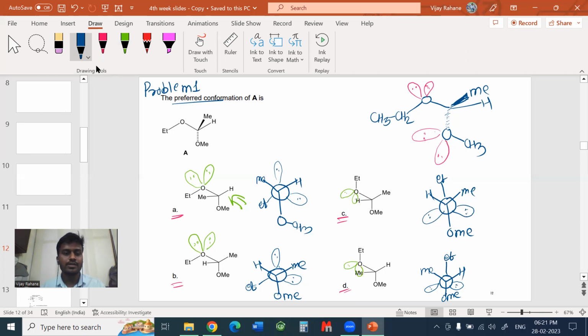Now we can compare the number of gauche interactions for each structure. If you see the first structure, it has here one butane gauche interaction. Here second, there are two interactions here, right?